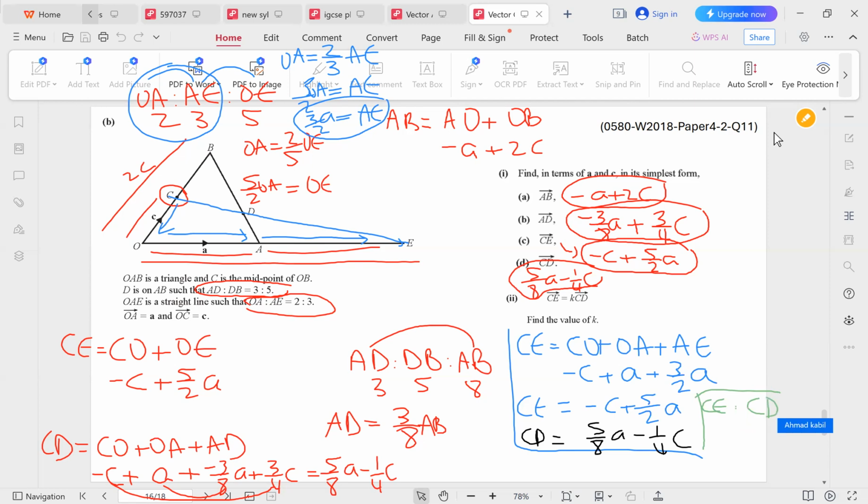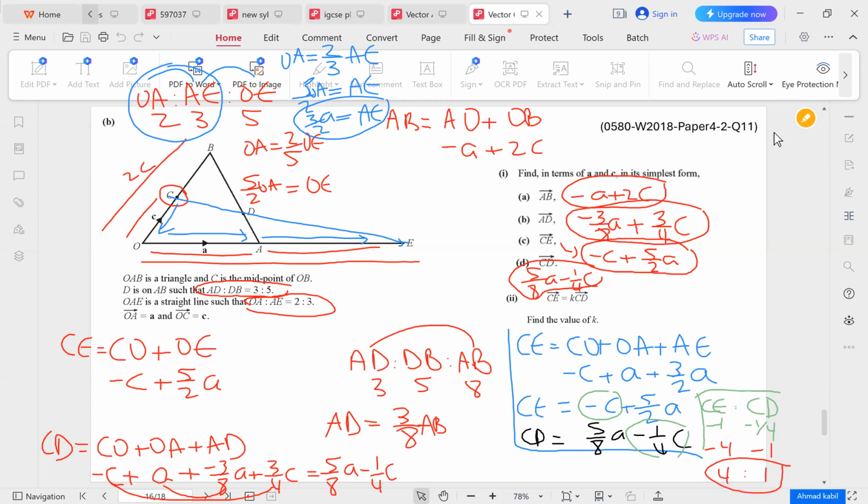For C, for example, here we have negative 1. And here we have negative 1 over 4. We can multiply both sides by 4. So we get negative 4 to negative 1, and we can remove the negatives or multiply by negative 1. So you get 4 to 1 as the final answer.